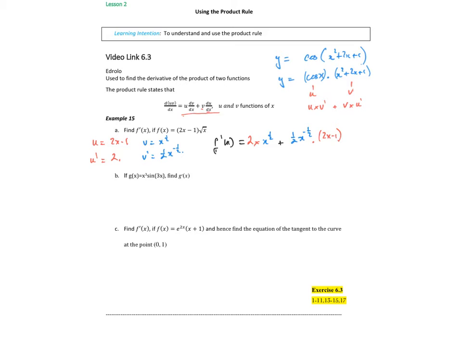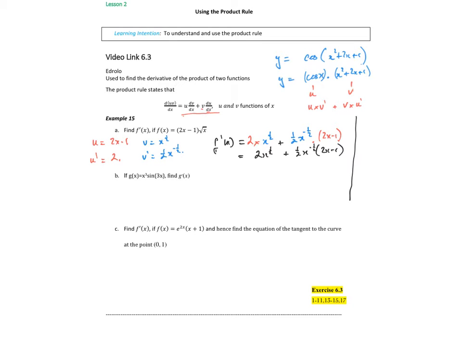And that's our derivative. From there we can just multiply through perhaps. So 2x to the half plus 1/2 x to the minus a half times 2x minus 1. That would typically be fine.